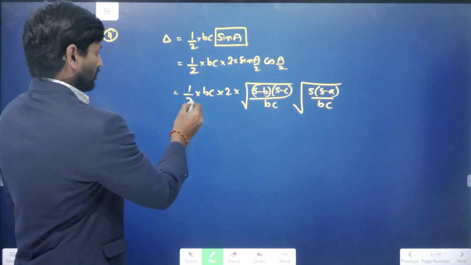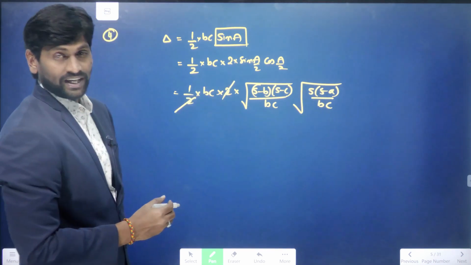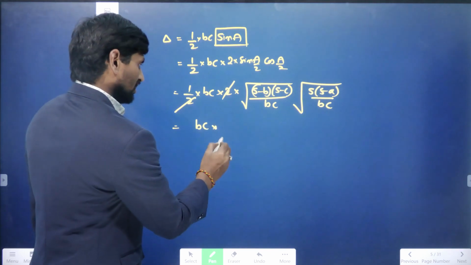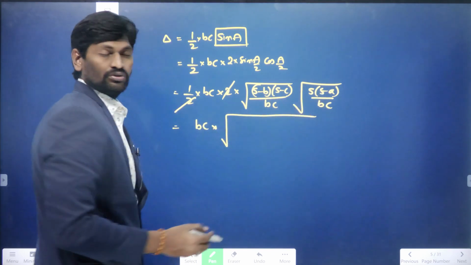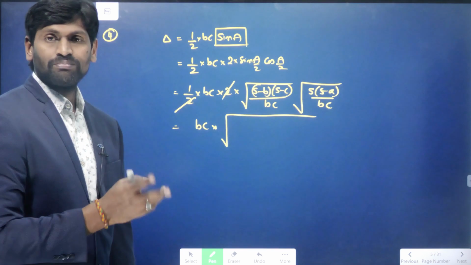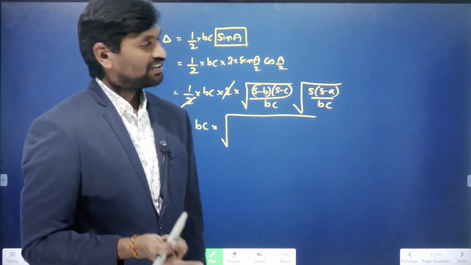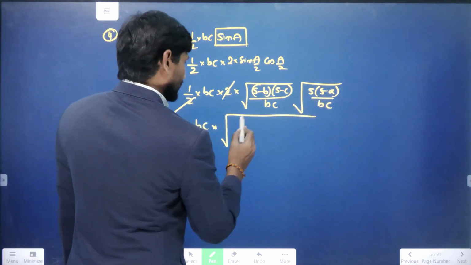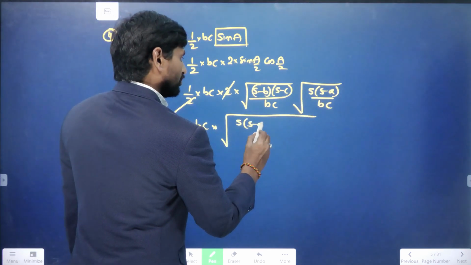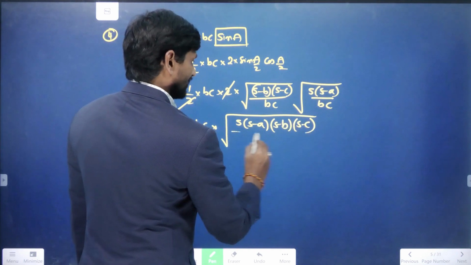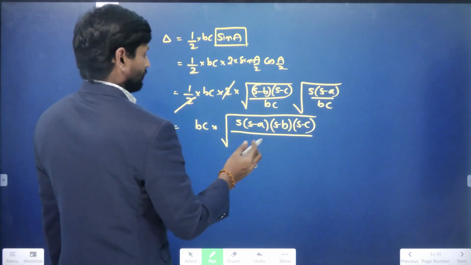So numerator 2 and denominator 2 cancel. What is remaining? BC is remaining. Now I am writing both of the square roots in a single root because both are multiplying. Root A into root B can be expressed as root of A into B. Same formula I am applying. S into S minus A into S minus B into S minus C by BC.